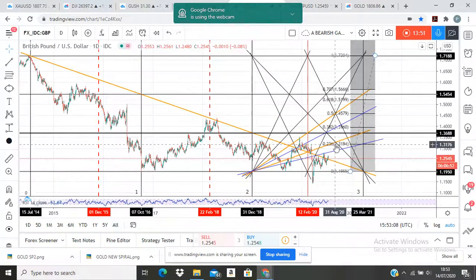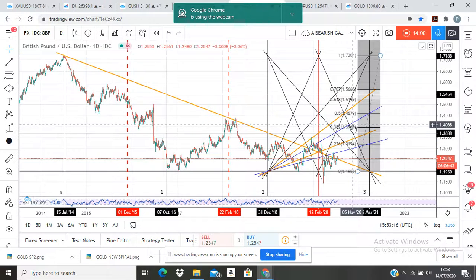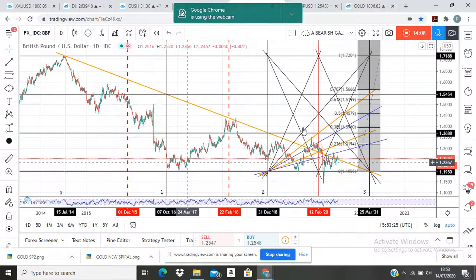If price should hit a line, we can trade a reversal. If price should go below a line, we can trade also an advance. So as price is now making a swing which we are not sure where it will go because of that alternation here, we can use the angle to guide us forward.